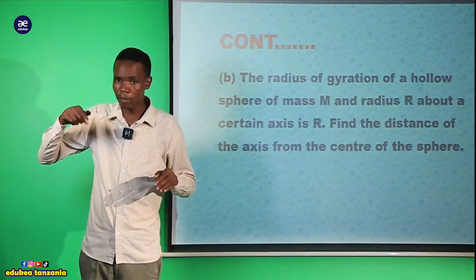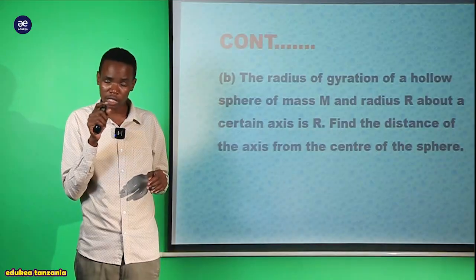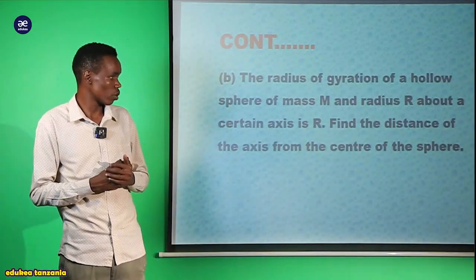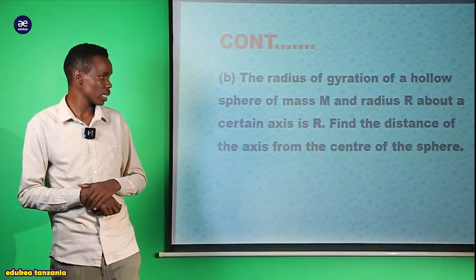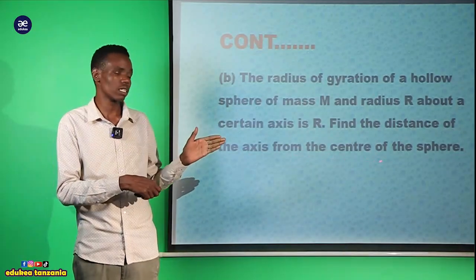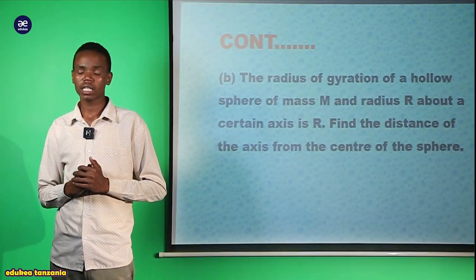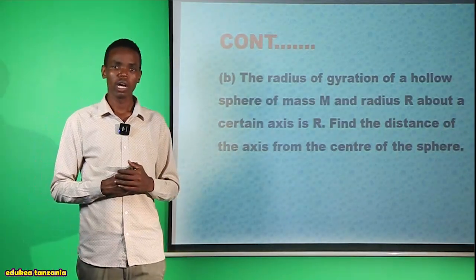It means from the point where the axis of rotation started it is equal to r. Now how can we get the distance of the axis from the center of the sphere? This is what we have been asked in our equation here.